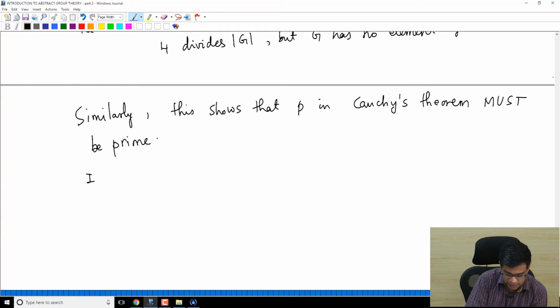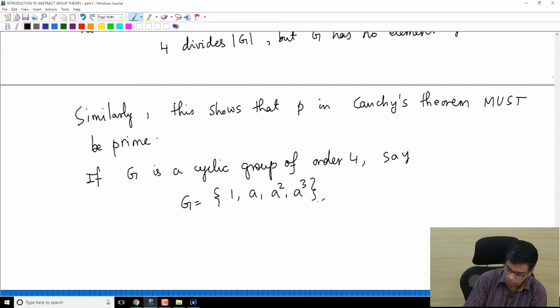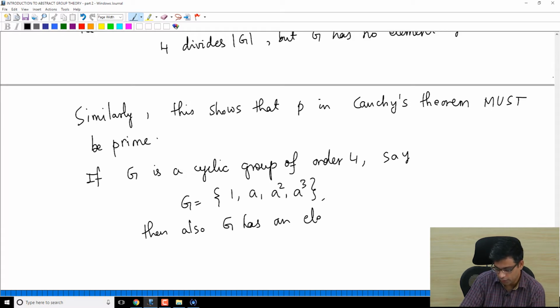On the other hand, if G is a cyclic group of order 4, say G is 1, a, a squared, a cubed, then also G has an element of order 2, namely a squared.